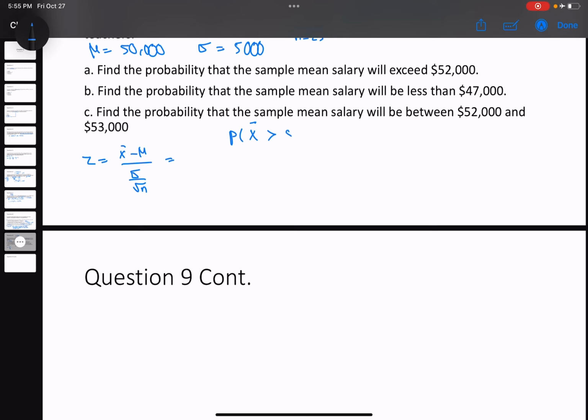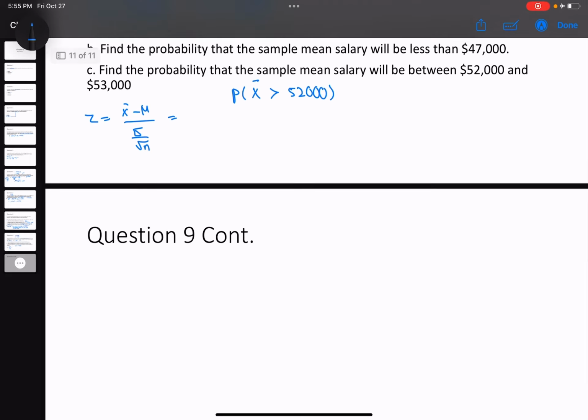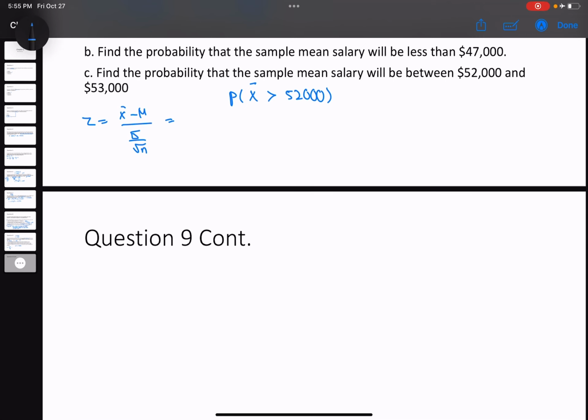To get the probability of x bar exceeding 52,000, we can use the z score table to get the p for all the x's less than or equal to 52,000, and subtract from 1 according to the complementary rule.